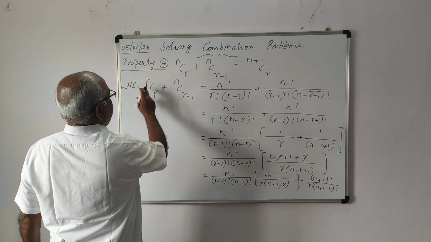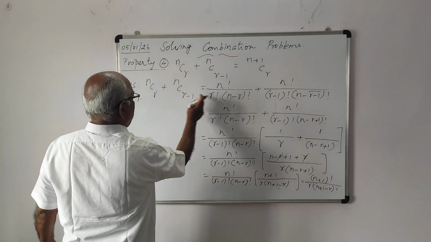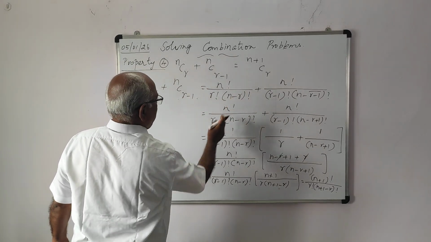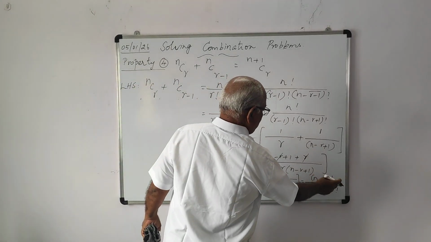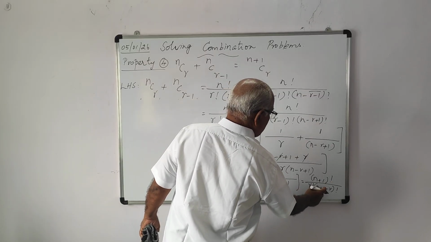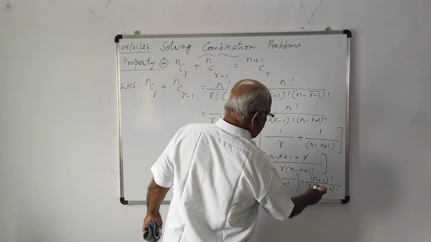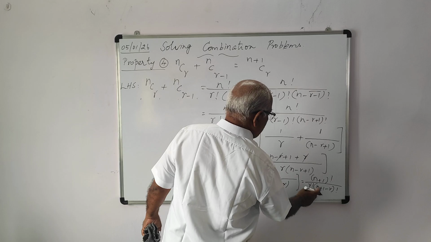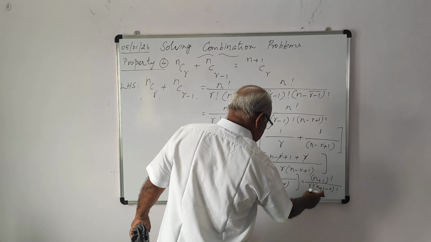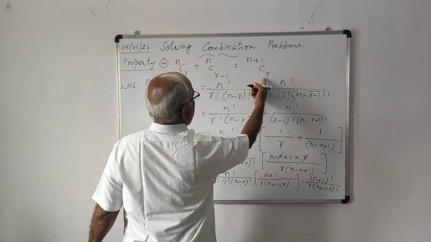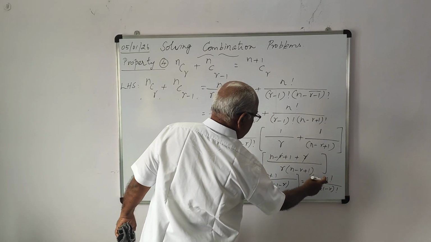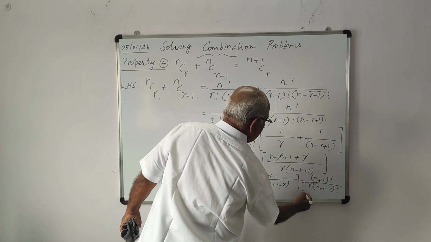See, nCr equals n factorial by r factorial into n minus r factorial. Like that, this is n plus 1 factorial by r factorial into n plus 1 minus r factorial. This is nothing but n plus 1 Cr.